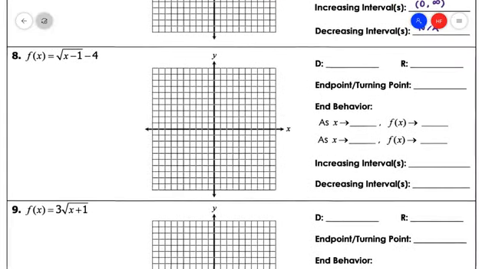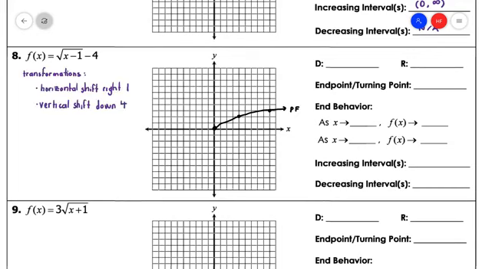Now with the next one, I'm also going to graph the parent function real quick and write out the transformations. So on number 8, we have a horizontal shift to the right 1 and a vertical shift down 4. So we are taking these exact same points from the parent function, and we're going to move to the right 1 and down 4 units.